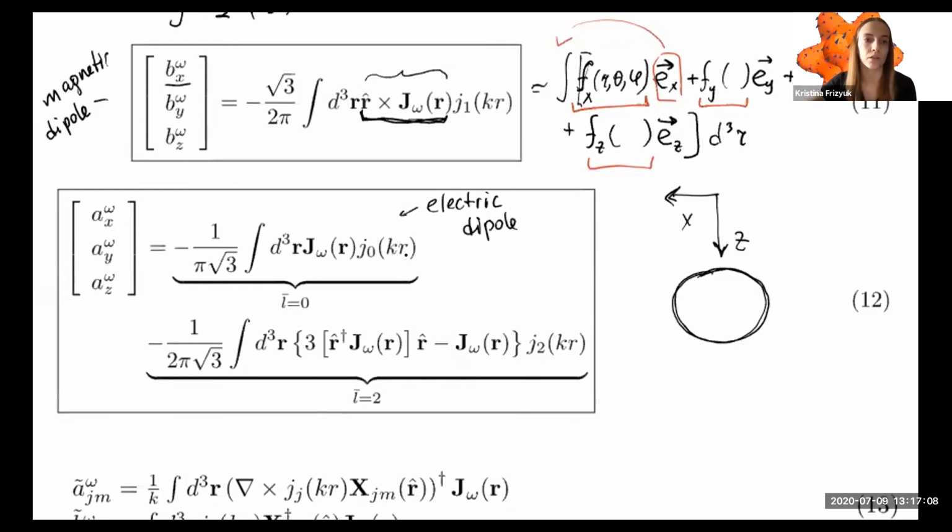And you can find out that not every multipole is excited, not every M is possible. And the question is to choose which multipoles are excited in such a sphere.